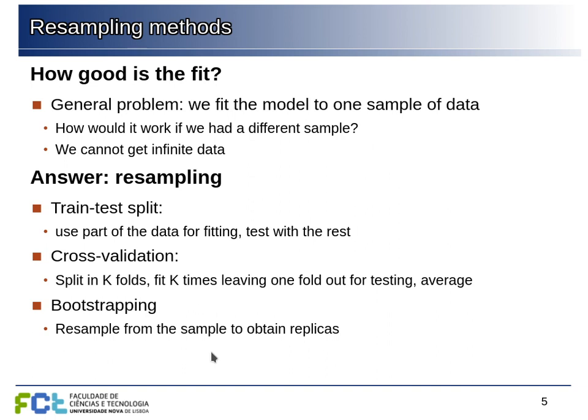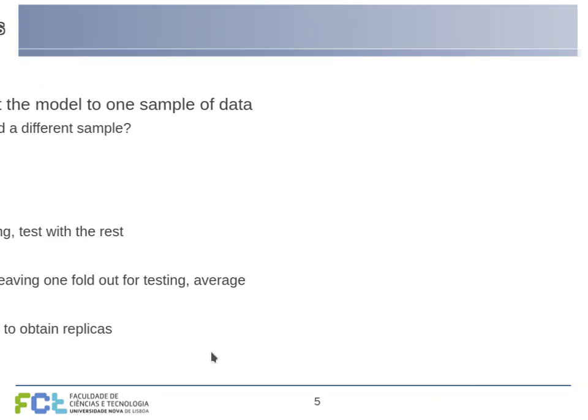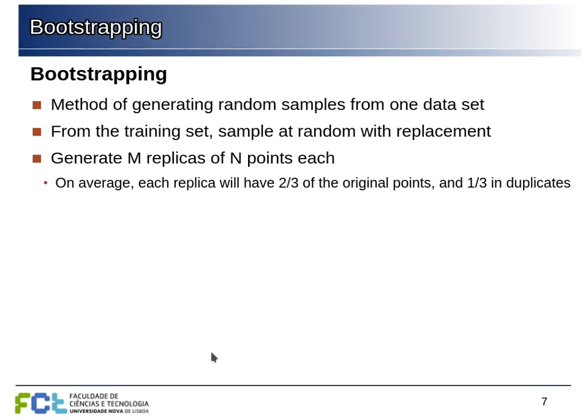So that would be ideal, but in general we cannot do that. So instead of obtaining a new sample from the source, for example, by repeating experiments, we can resample the data that we have and create replicas of our data that are slightly different sets, but have the same distribution as our own sample. So let's look at this in a bit more detail.